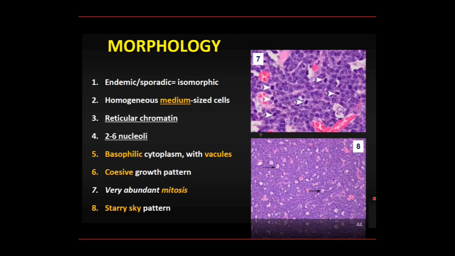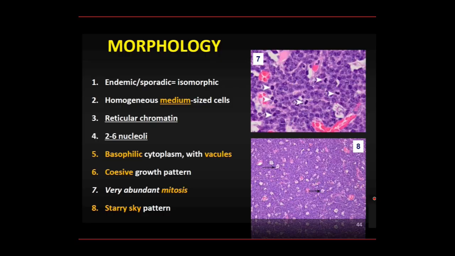The growth pattern is overall cohesive, so you see cells are relatively close and well packed, one to the other. And we have very common mitoses, as it is highly proliferating. And a feature that is not 100% specific, but absolutely characteristic, that you always see in Burkitt lymphoma: you have a dark background, both for nuclei and the basophilic cytoplasm, with these bigger, very clear white areas.